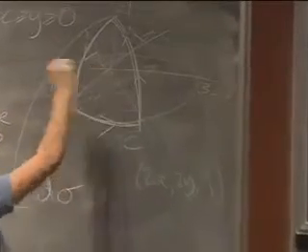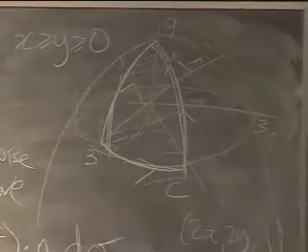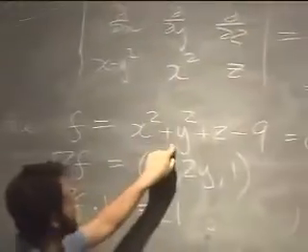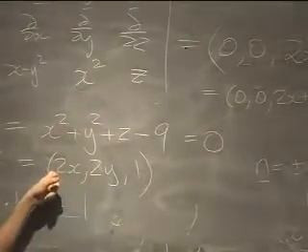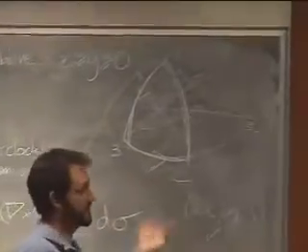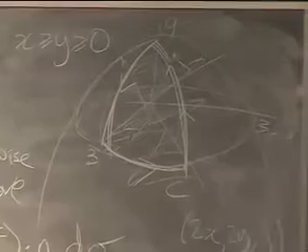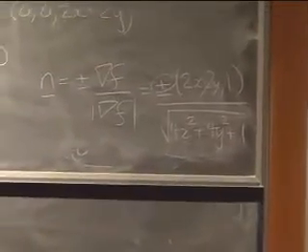It's sort of hard to draw. It's actually coming out of the board. So this is correct. If instead you had written f as 9 minus x squared minus y squared minus z, which you could have done, it's just the negative of this, you would have gotten minus 2x, minus 2y, minus 1, which would point down and in. And then you'd have the minus. So as it happens, we need the plus. Okay, so we now know what n is.